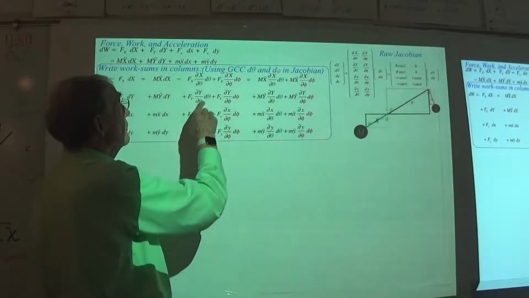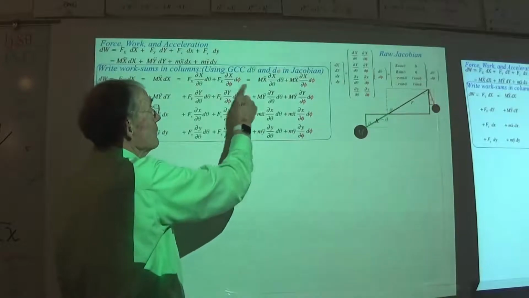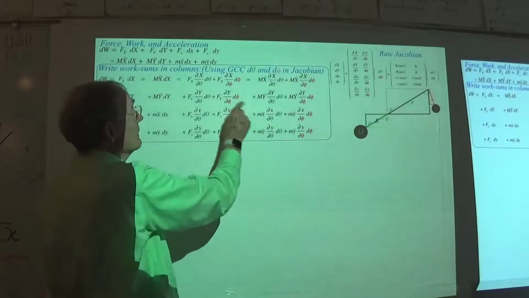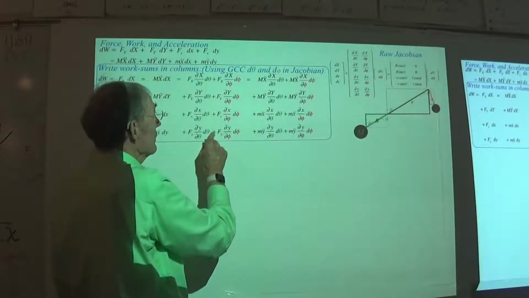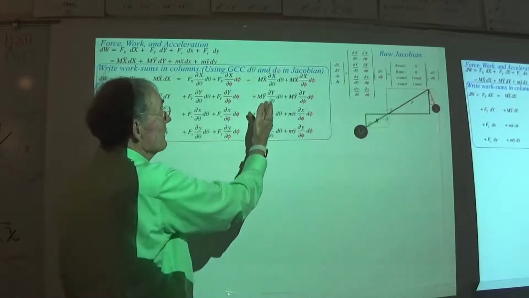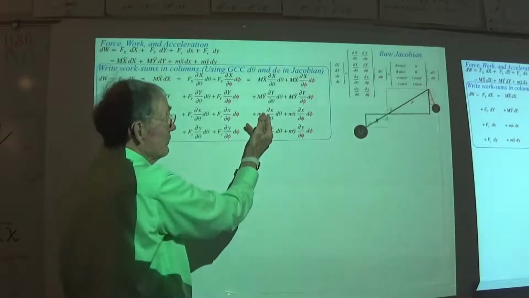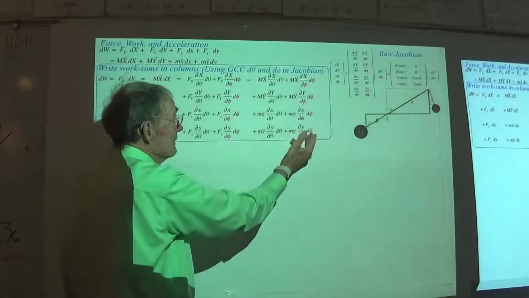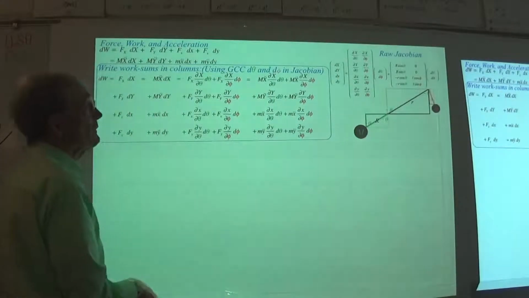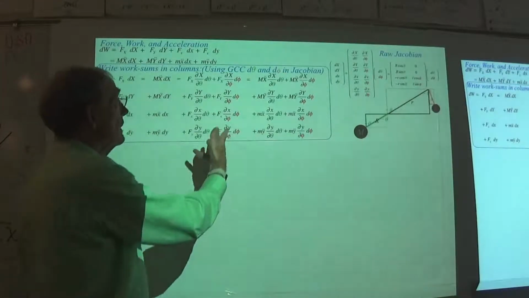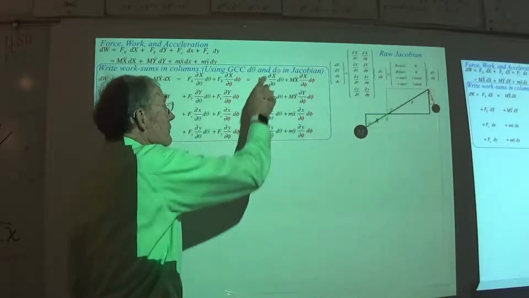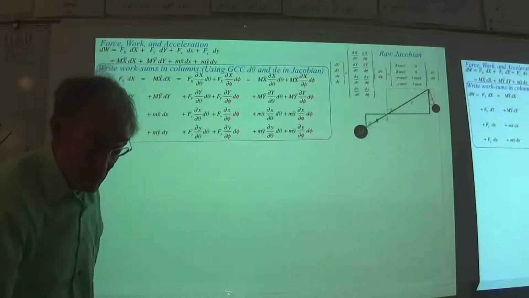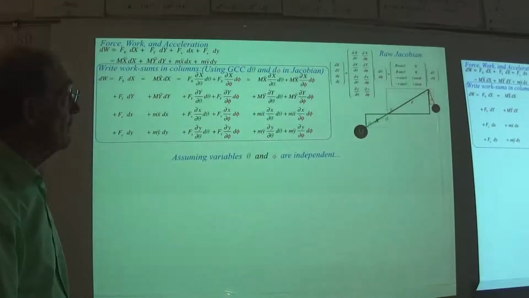And so we're going to replace this Fx here with this guy right here, and so forth. Each one of these Cartesian forces gets replaced by a Cartesian acceleration. So far we're just working with Cartesians, but now we're letting the curvilinear coordinates, the GCC, theta and phi, come in.